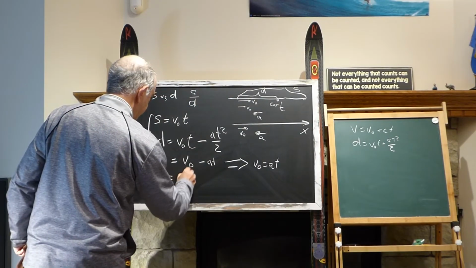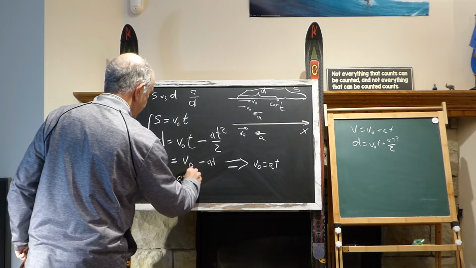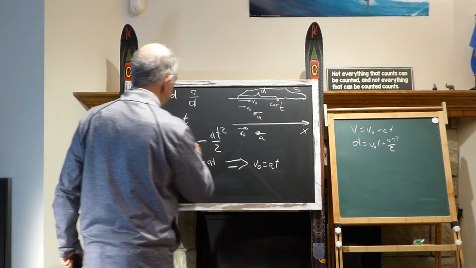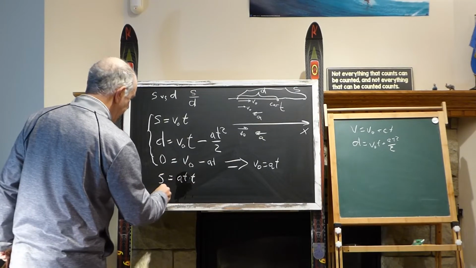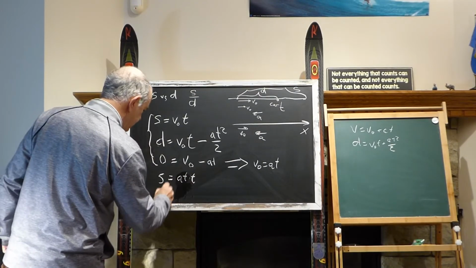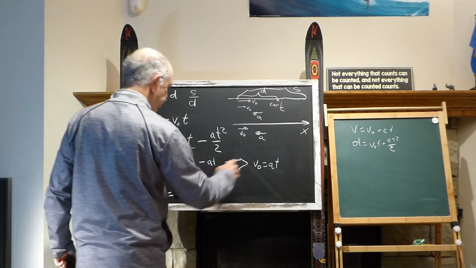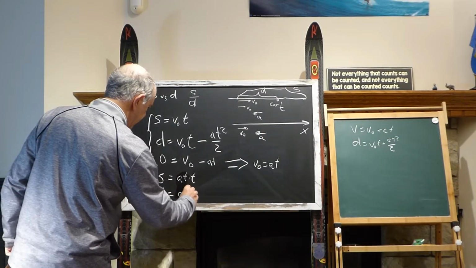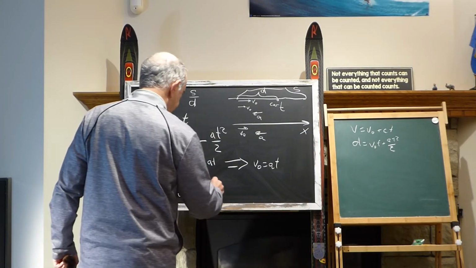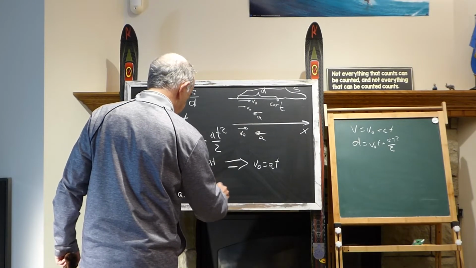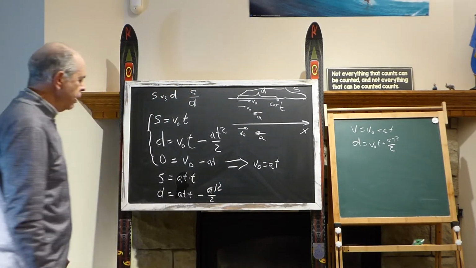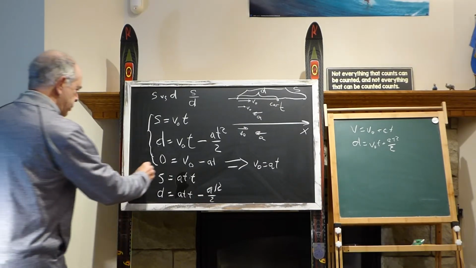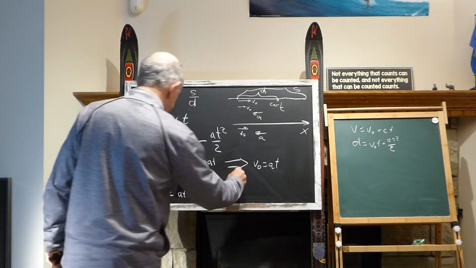V0 is AT and multiply by T. Instead of V0, we put AT multiplied by T. And the second equation becomes D equals, instead of V0, we put AT, so AT multiplied by T, minus AT squared over 2. Okay? So it becomes two equations, and I work with those.